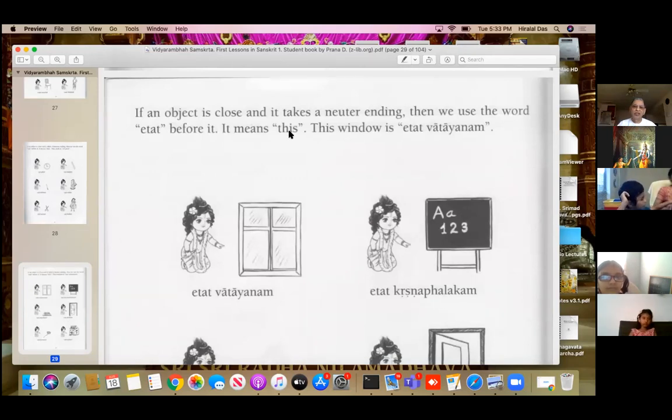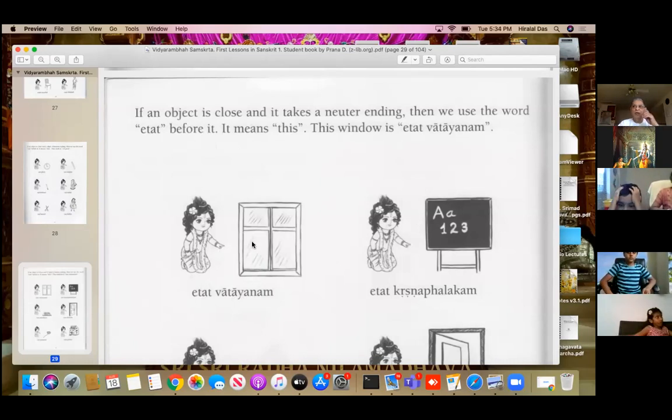So in neuter names, we use the etat pronoun before the neuter name. So vatayanam, etat vatayanam asti. This is a window. So see the word etat.